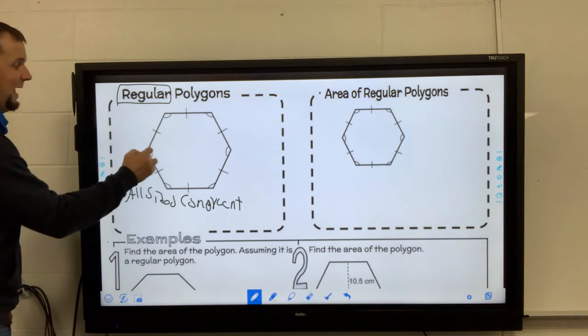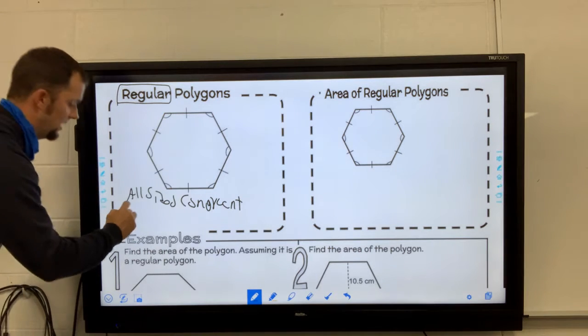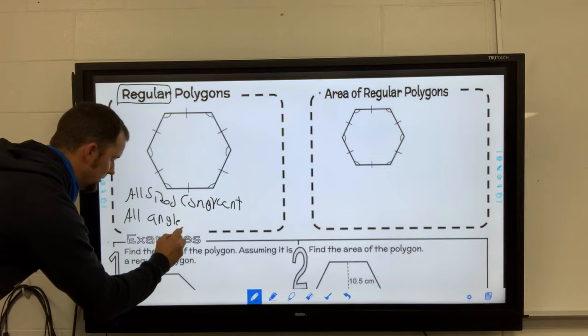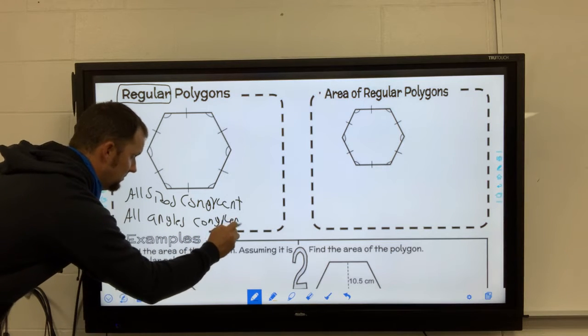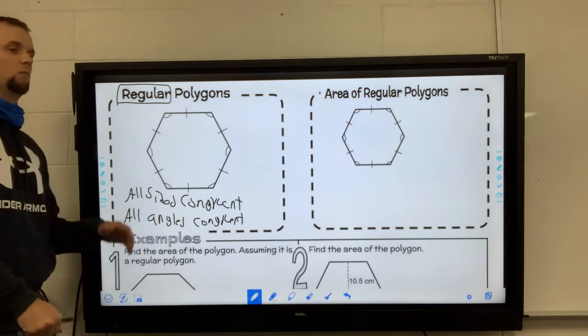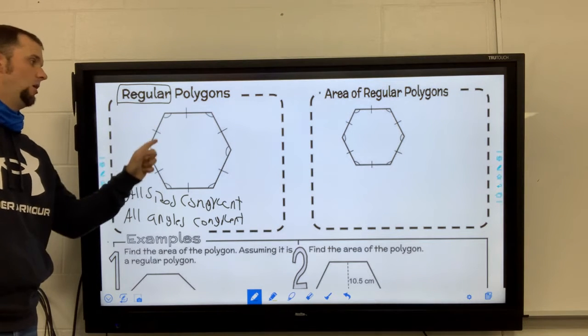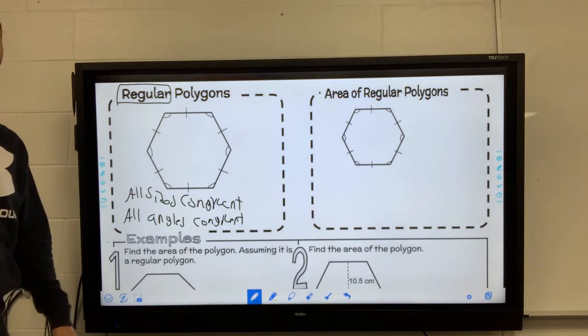And then all of my angles are going to be congruent. So if you look, all the angles have the same notch. So all angles congruent. So that's what I mean by a regular polygon. Again, when you read the word regular polygon, regular means all the angles are going to be congruent and all the sides are going to be congruent.